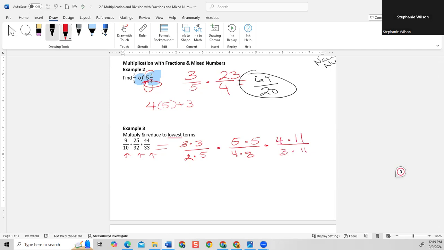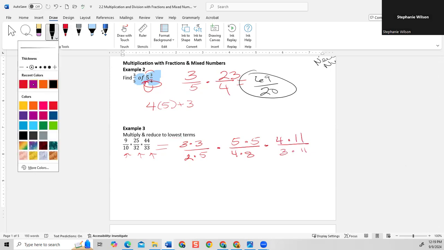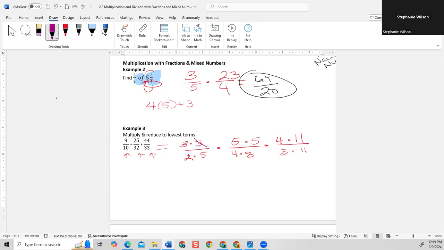So now let's go through here and see what reduces. Well, I have a 3 here and a 3 here. 3 goes into itself one time. So I'm going to put a 1 in its place.